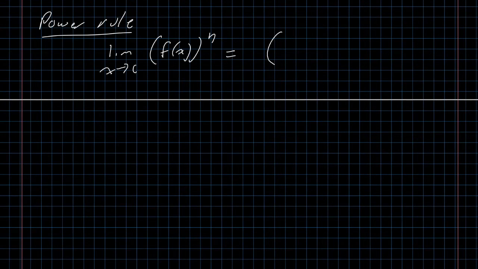And we're going to get the same thing if we took the limit as x approaches c of f of x and then raise that whole thing to a power. And thanks to how wonderful the power rule works, we can now deal with any sort of polynomial.